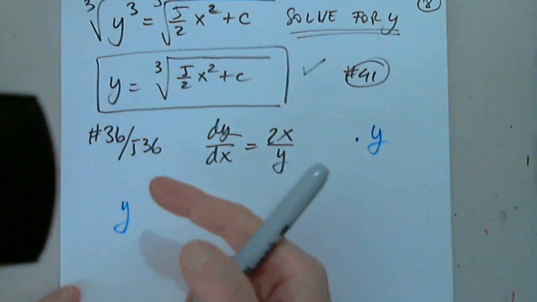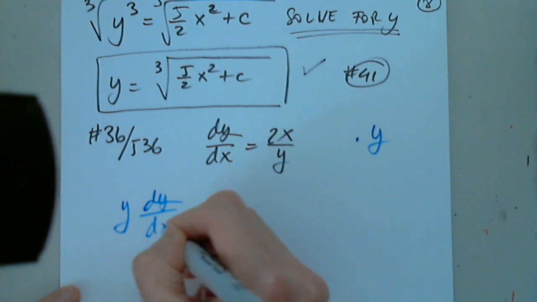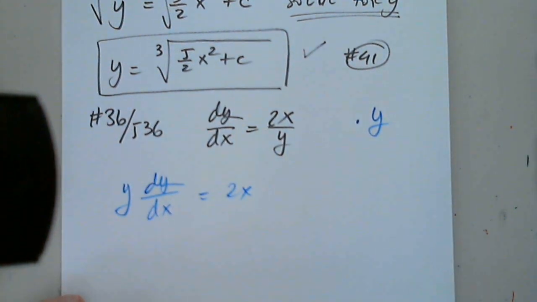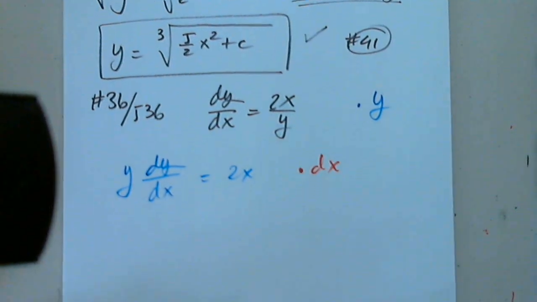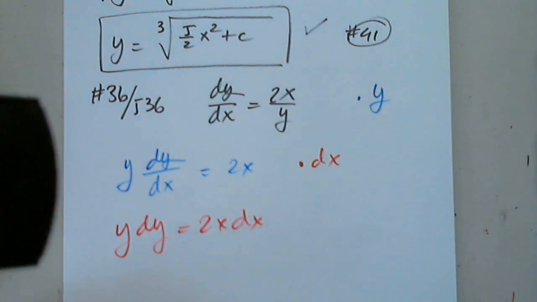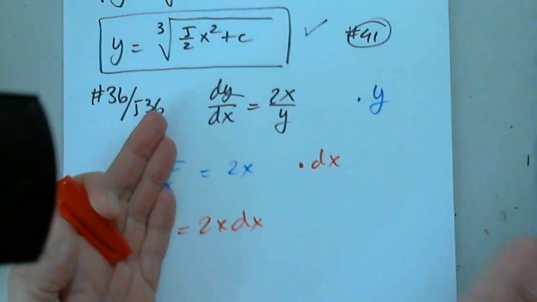Multiplying y to both sides. So y dy over dx equals 2x. Good. Good first step. Multiply by dx. Awesome. Great job. Perfect. Are they completely separated?